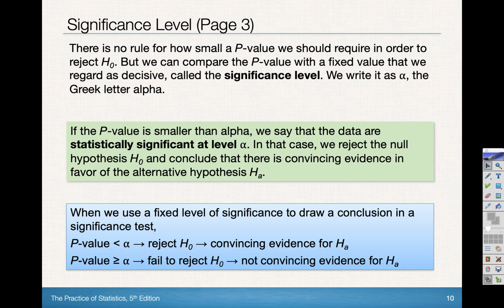You choose an alpha level before you do the test. Usually your alpha level is 5%, or 0.05. Sometimes it's 1%, 0.01. Depending on the context, it could even be smaller than that in real life, like 0.005, which is 0.5%. But you're always going to compare the p-value to a significance level called alpha.